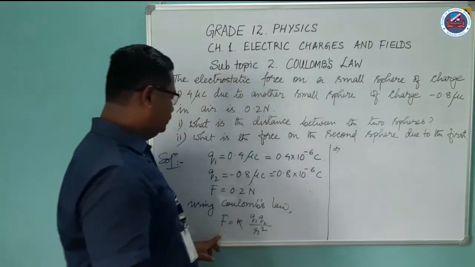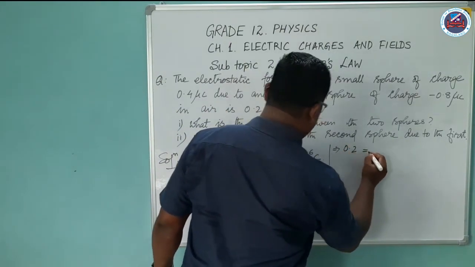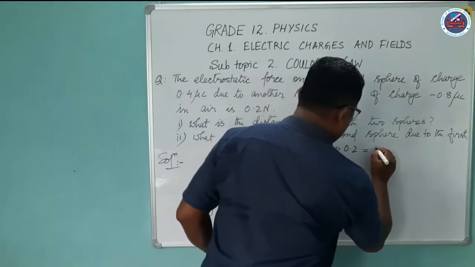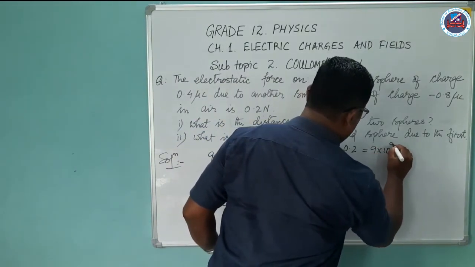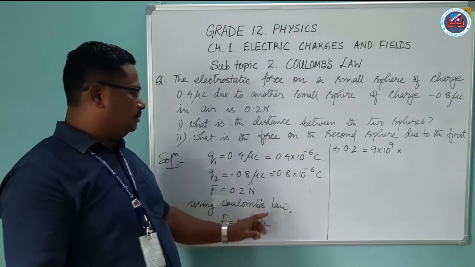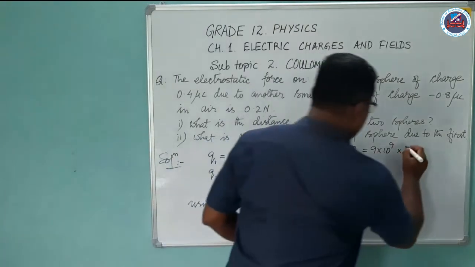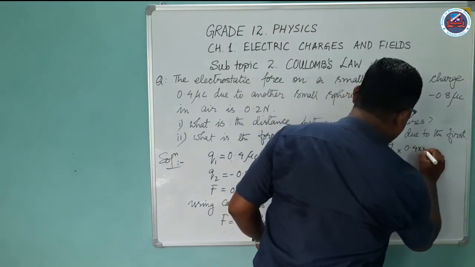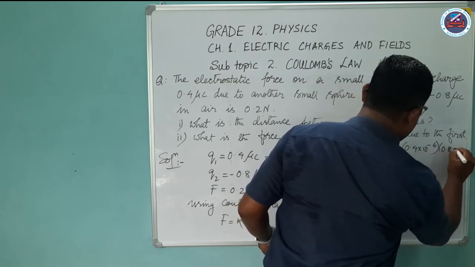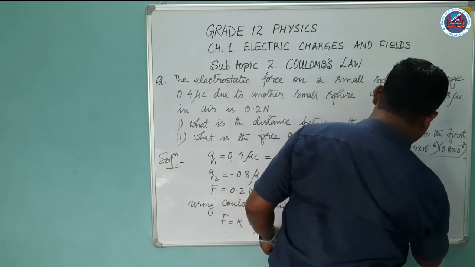Force value is given to you, it is 0.2, that is equal to K value, 1 by 4 pi epsilon naught, 9 into 10 to the power 9, multiplied by the magnitude of the charges. Remember here we have to take the magnitude, don't take the sign. It is 0.4 into 10 to the power minus 6 multiplied by 0.8 into 10 to the power minus 6, divided by R square.